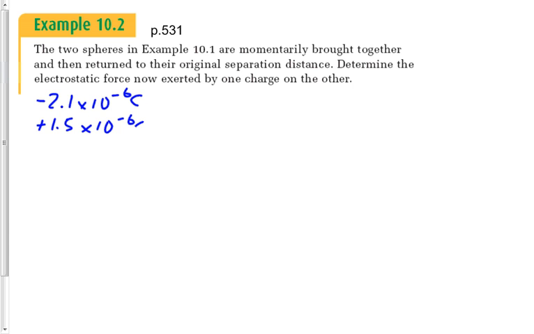When they touch together, what do the charges become? These were the old charges. Q1 now becomes what? Negative 3.0 times 10 to the minus 7? Q2 will also be negative 3.0 times 10 to the minus 7 coulombs.